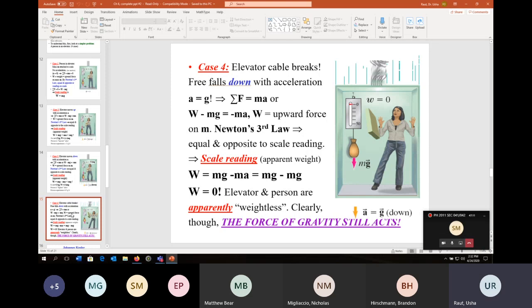There's nothing upward to support it, and so the scale is going to register no weight. You can see it mathematically also: you'll get W equal to 0, because mg is the only force acting on it, and mg should be equal to ma, and so W is 0. You see that?